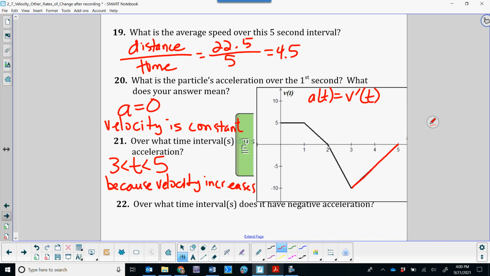Because remember, the acceleration is the derivative of the velocity. So if the velocity is increasing, its derivative is positive. And that's what we ask. When do we have positive acceleration? 22 says, when does it have negative acceleration? So 1 to 2 and 2 to 3.